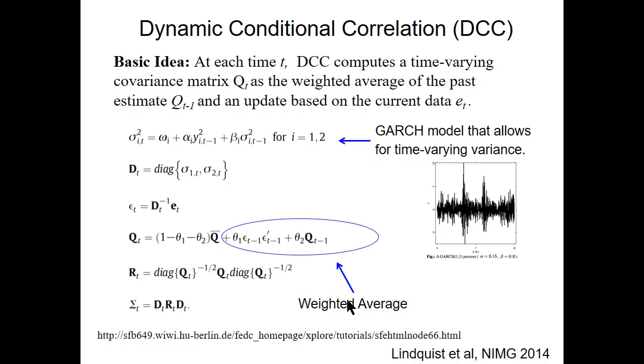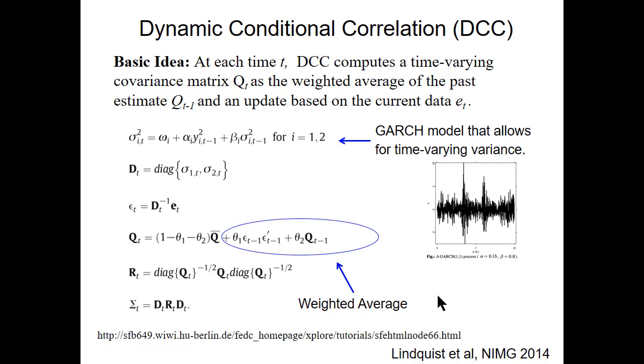It is a form that came out of work by Bob Engle, from UCSD and later NYU, I believe, who won the Nobel Prize for this GARCH model, which allows for time-varying variance in your time series. So this is an example of a time series where the variance is clearly increasing here and here, and the idea is you want to update your variance estimate in your time series.